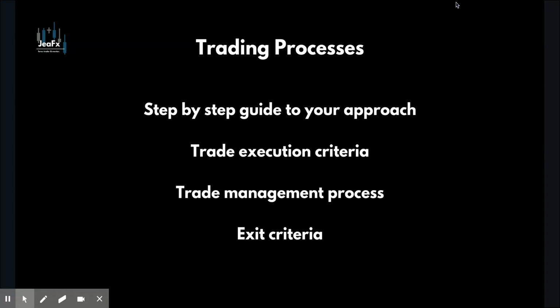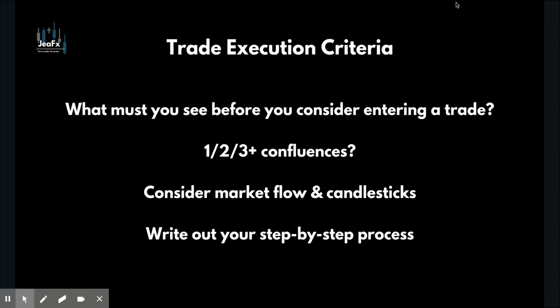This includes three major areas: trade execution criteria, trade management processes, and trade exit criteria as well. In this video, we're going to talk through each of these. I'm going to show some examples as well of what kind of things you need to be marking down in your trading plan to actually go forward successfully and with a solid plan, solid foundation base in place.